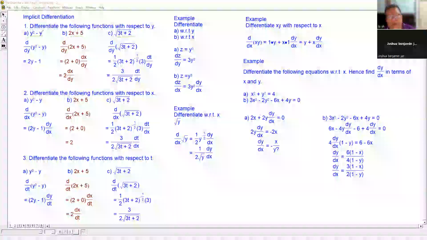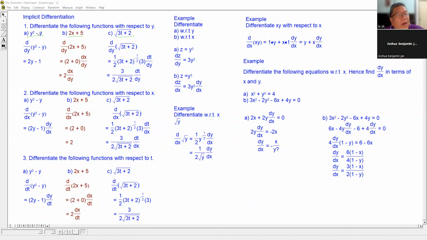The first function involves y only. The second function involves x only. The third function involves t only. Now these three functions, I want to differentiate with respect to y.